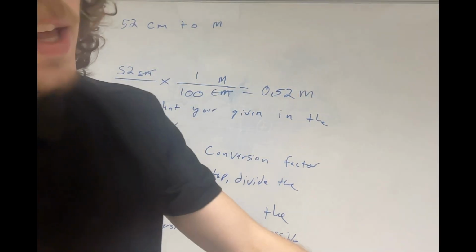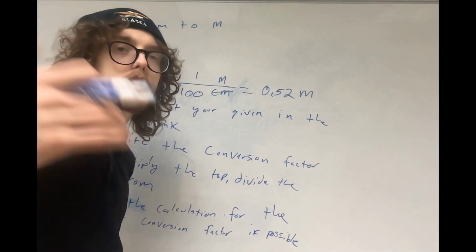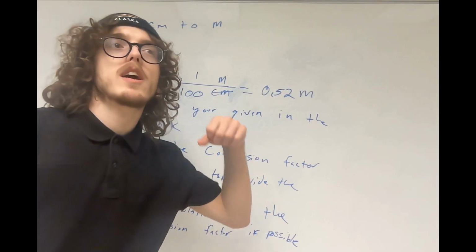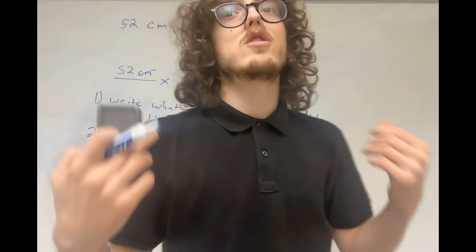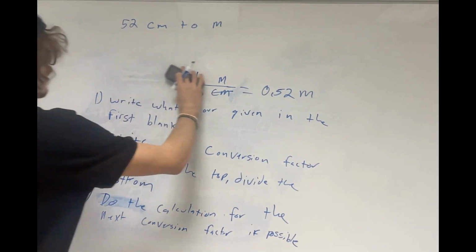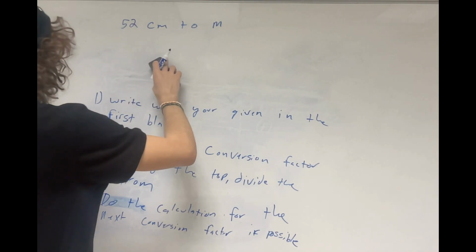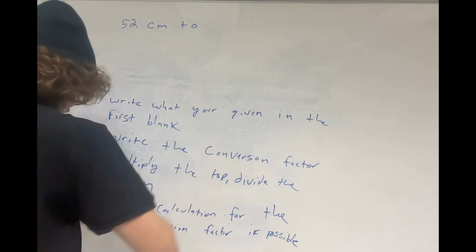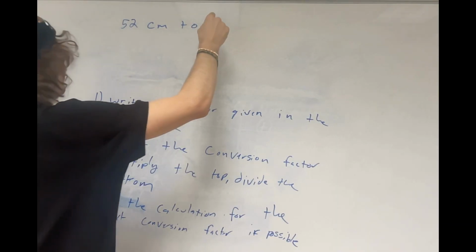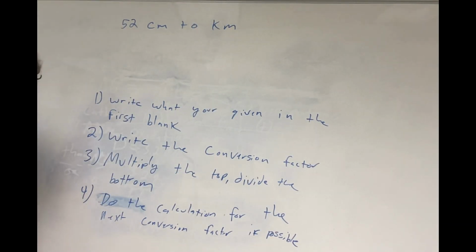Now what I want to do is show you when you might see step 4. Step 4 occurs when you have conversions where just thinking about the units is really, really hard. And I'll give you a good example of that. Let's say, for example, instead of 52 centimeters to meters, we talk about 52 centimeters to kilometers, okay?